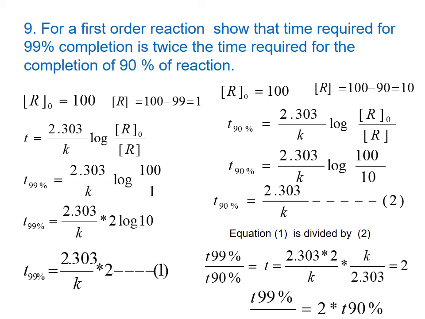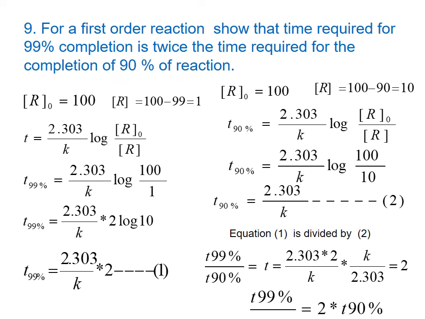Finally, after the division, we get T 99% divided by T 90% is equal to 2. So T 99% equal to 2 into T 90%. Time required for 99% completion is equal to 2 into time required for 90% completion.